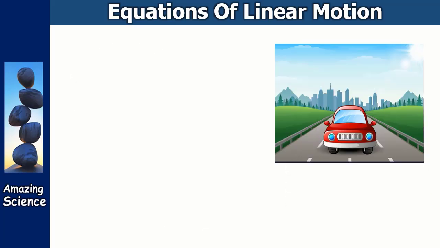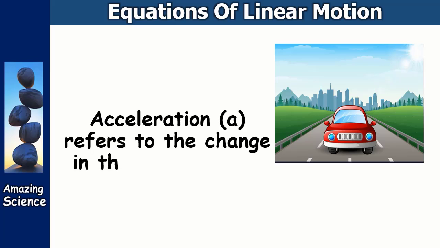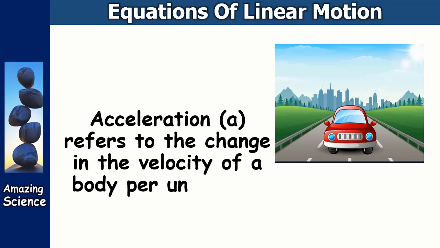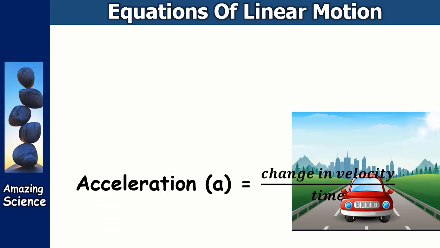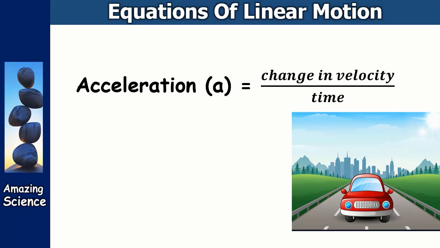For a body moving with a uniform acceleration, the acceleration a is the change in its velocity per unit time. That is, acceleration a is equal to change in velocity divided by time. When you want to write this in symbols, it will be a is equal to v minus u divided by t.